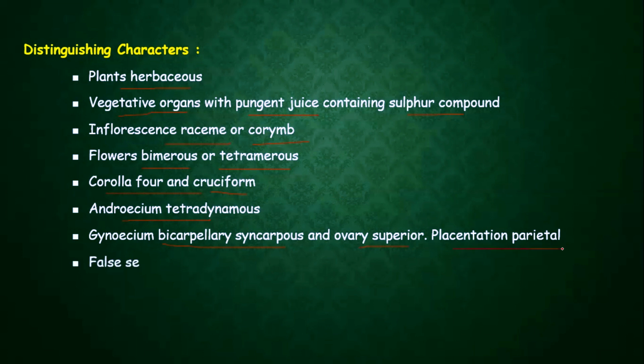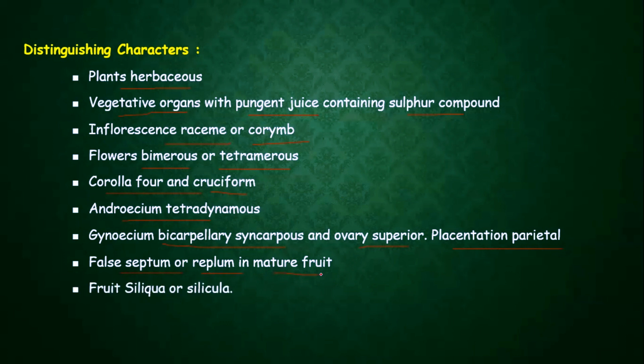Placentation is parietal placentation. So try to remember, gynoecium is bicarpellary, syncarpous, superior ovary with parietal placentation. Due to the presence of a false septum called the replum, seen in mature fruits, mature fruits have a cross wall, that means septum or replum.